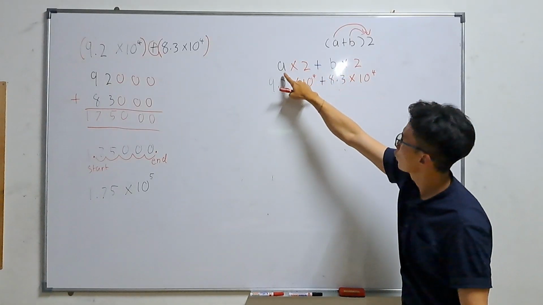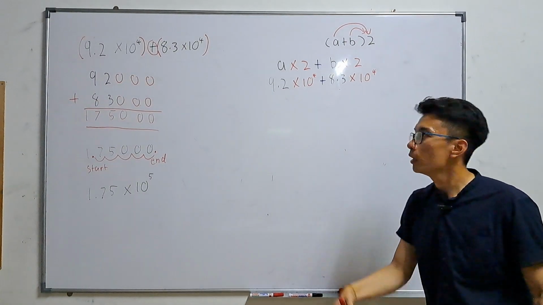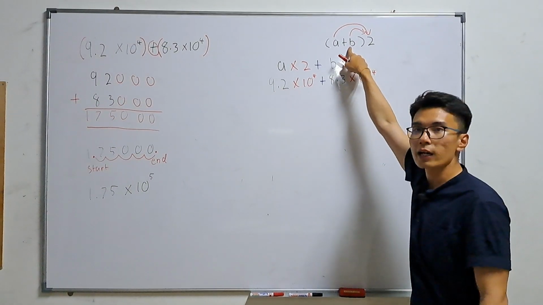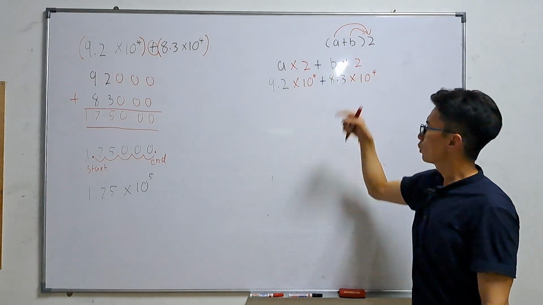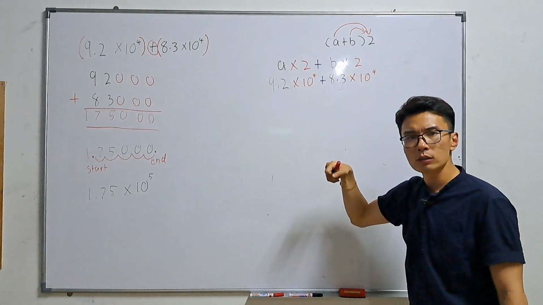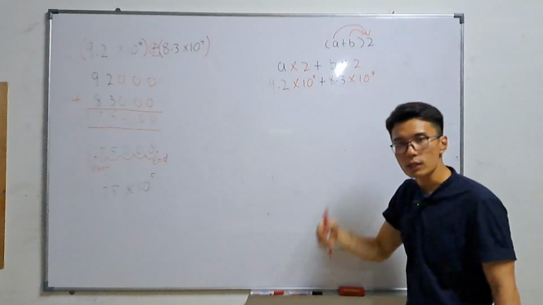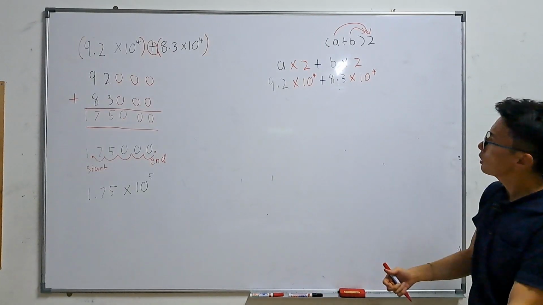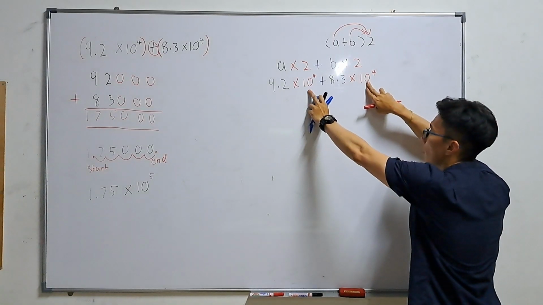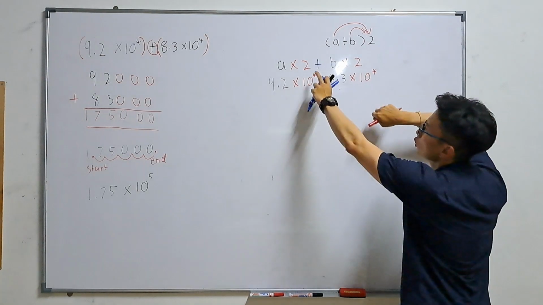Now let's take a look back at this equation over here. Now this equation, A times 2 plus B times 2, originally comes from where? It comes from this guy over here, all right? So since this equation has the same pattern, we can also write this equation in this way, right? So in this case, this 10 to the power of 4, we can factorize it out. Same thing as this 2.